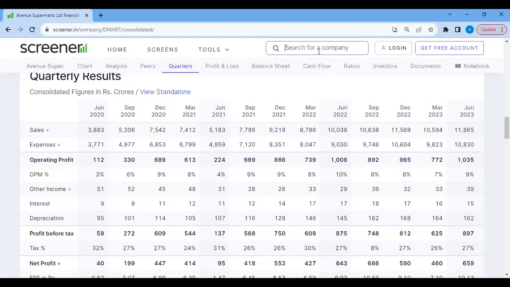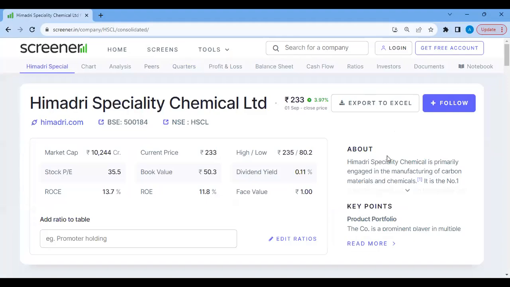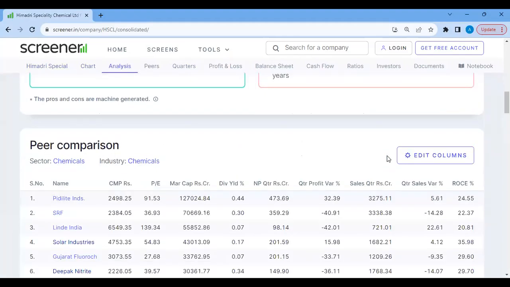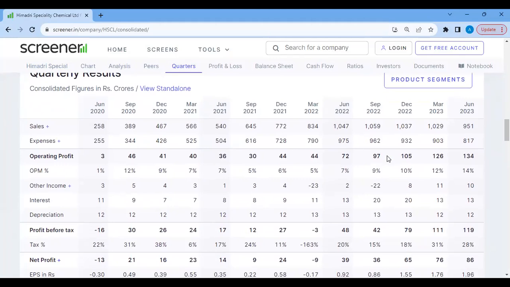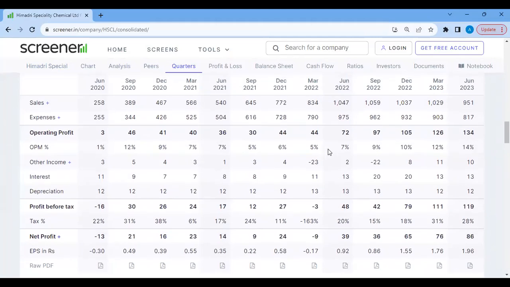Now let us look at a third kind of business called a commodity business. What happens in a commodity business? In a commodity business, the operating profit margin percentage is highly variable.